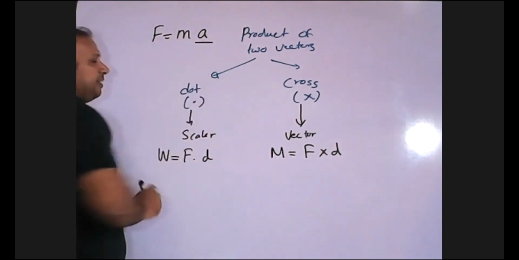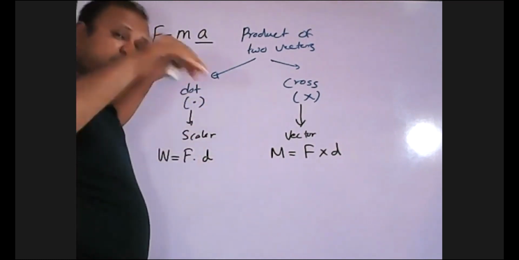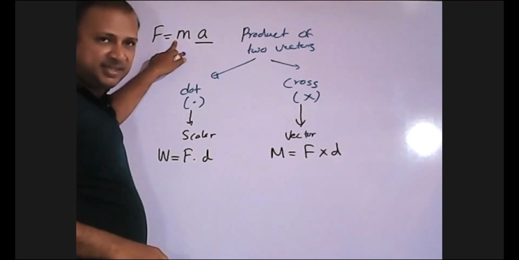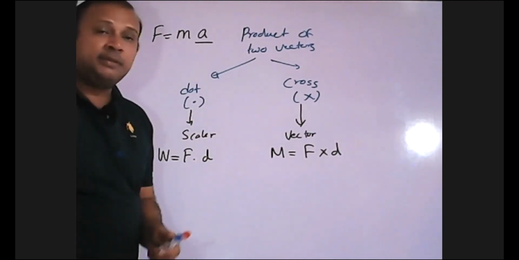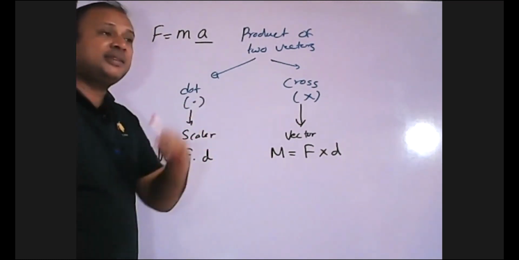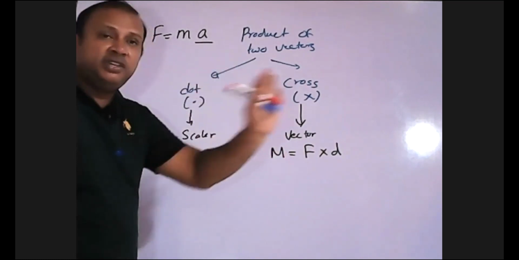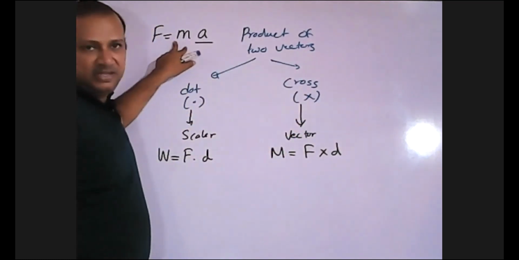You know a is a vector. m is a scalar physical quantity, not just a scalar. Normally we call a scalar a number, but this is not just a number. This is another physical quantity which is a scalar.